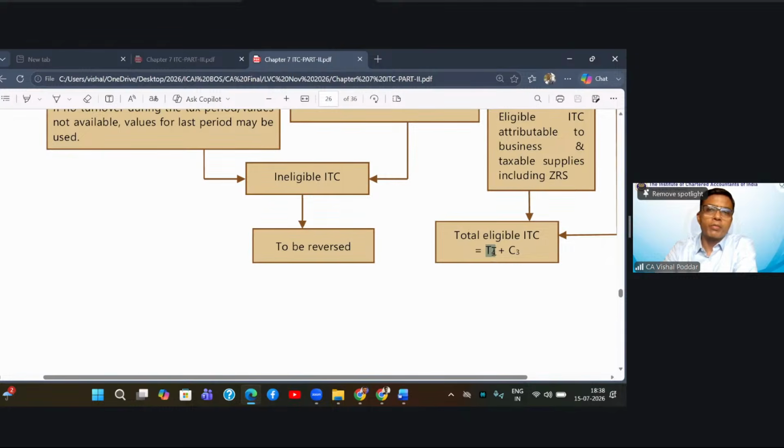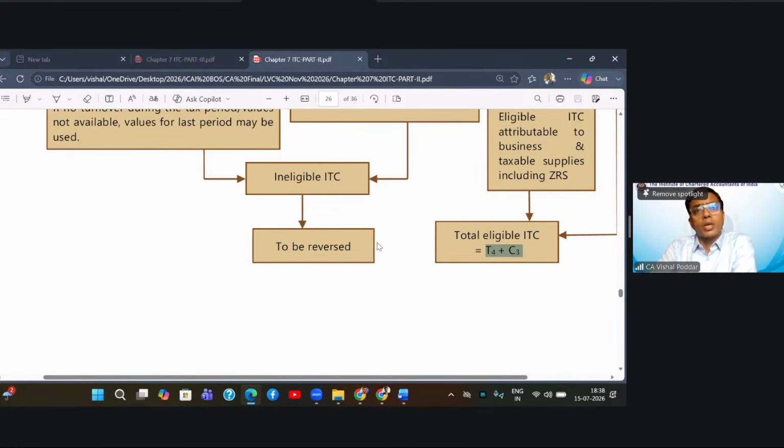We had reduced that T4. Why T4? Because T4 is applicable exclusively for taxable supplies, so it is eligible, plus C3, which is the proportionate amount applicable to the taxable supplies. So this is the total ITC, students, which you can finally avail out of your entire month's ITC.